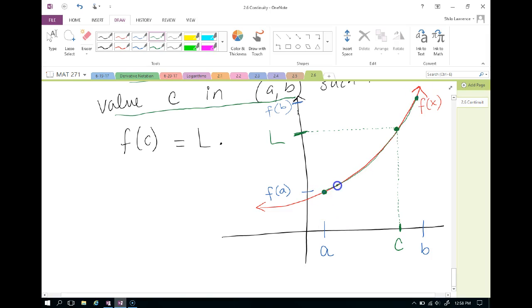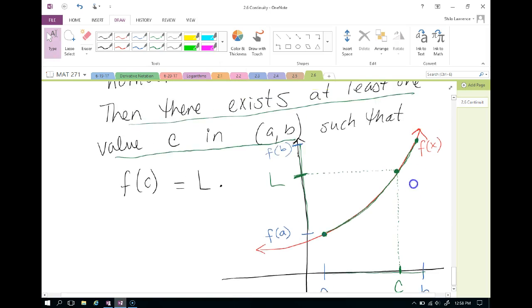We've got to cover every single value in between x equals A and x equals B horizontally, and we have to cover every single value between f of A and f of B vertically. If it's a continuous function, we have to go through all of these x values and all of these y values.